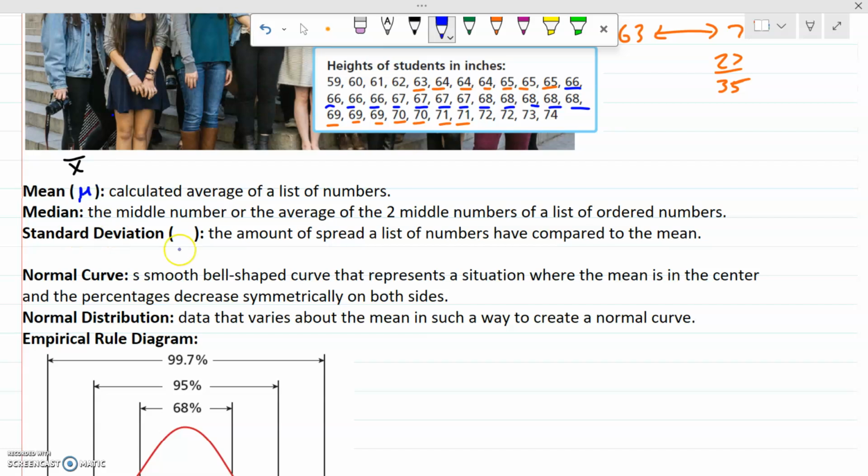On median, we've already talked about that, the middle number or the average of the two middle numbers, depending on if you have an odd or an even amount. So this has 35. The median on this one is 67. Standard deviation, that little symbol for normal distributions is this symbol because it deals with populations, parameters of populations. That's how you remember which one to use.